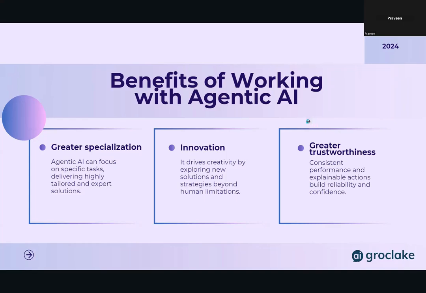So you mean the results are more trustworthy, instead of the actions taken by the agentic AI. I'm not talking about the broader sense, but take an example in finance, pricing.